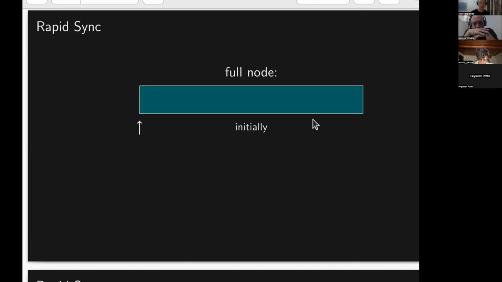Another blockchain use case is rapid synchronization. And the idea is if you boot your computer and set it to synchronize with the network, Ethereum, Bitcoin, whatever network, you have to download all the blocks and verify them. And that takes a while. The last time I synchronized my Raspberry Pi to the Bitcoin network, it took me 2 weeks.